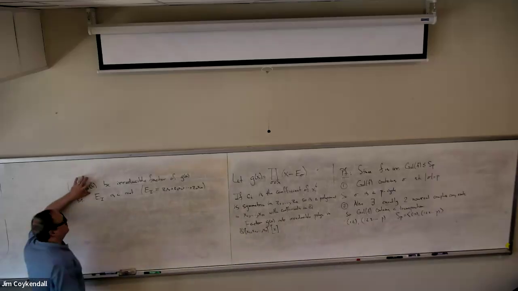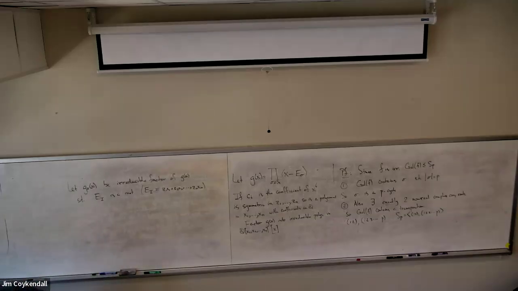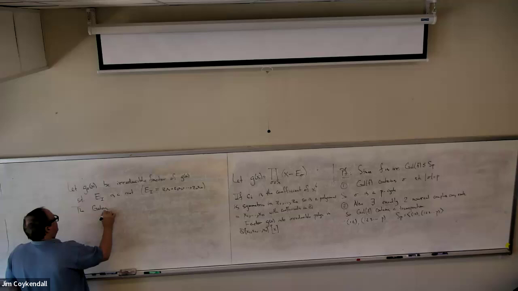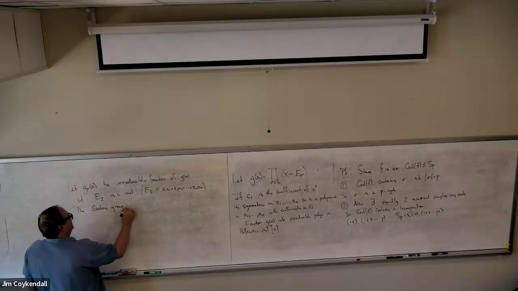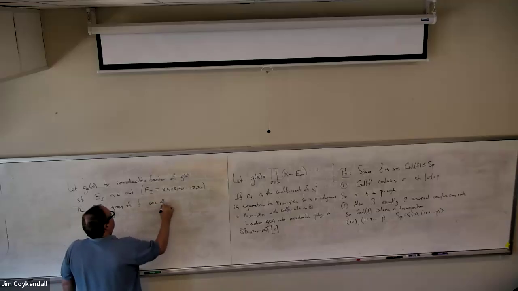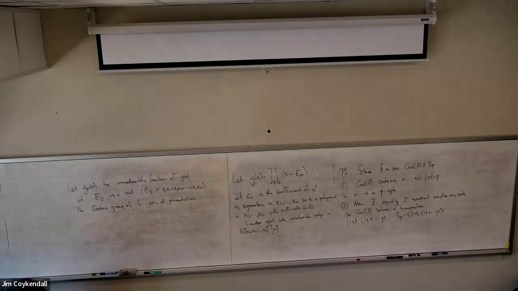So find the irreducible factor of g of x for which this is a root, and the Galois group of f are all permutations of x1 up to xn that fix g naught.